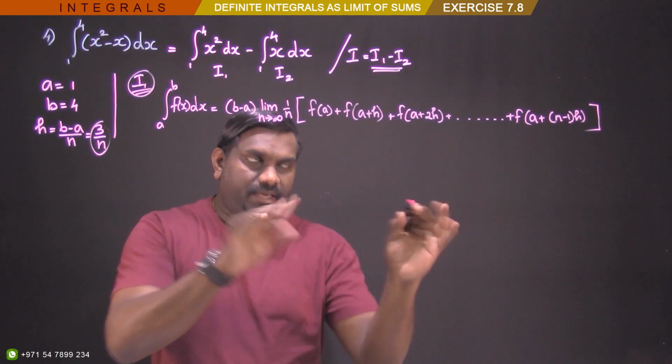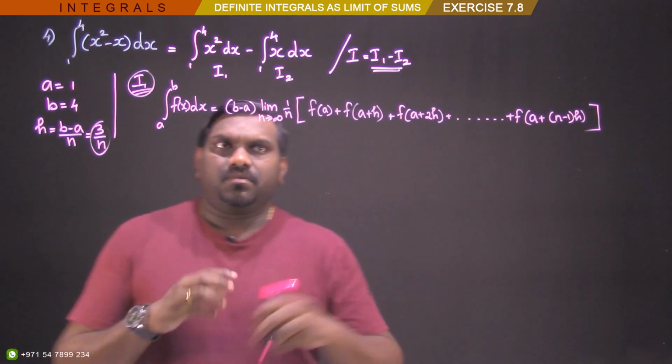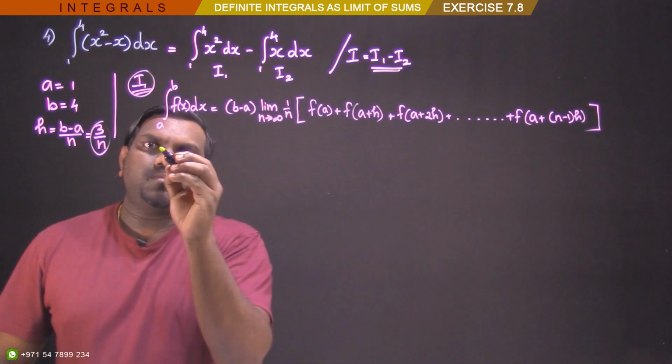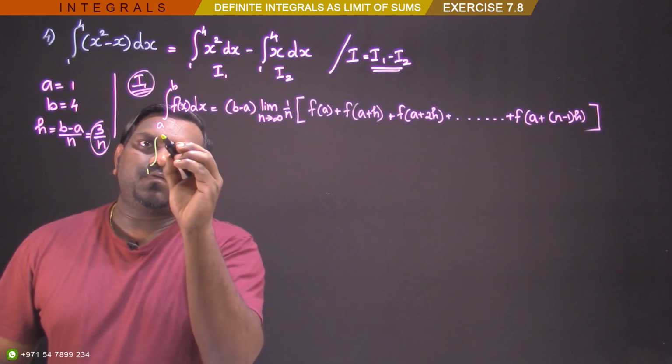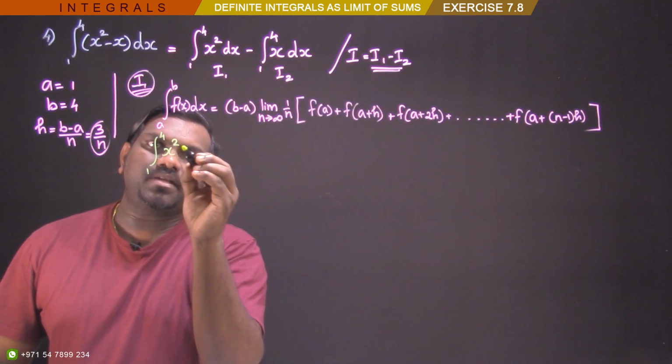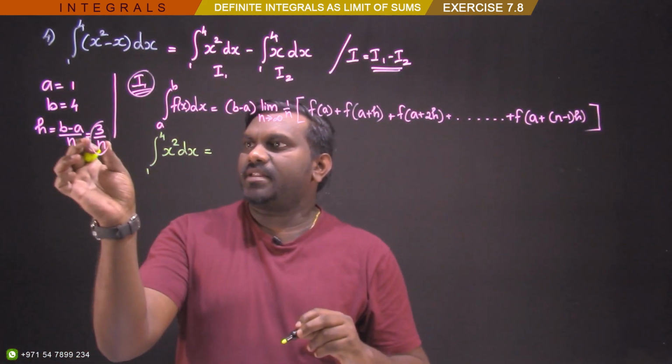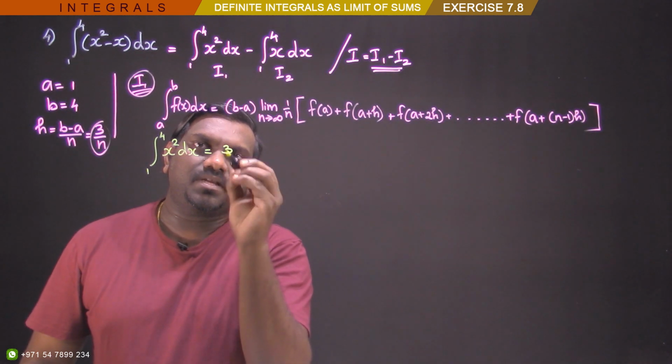Fine. Now if this is so dear, what will be the integral of 1 to 4 x square dx then? Here b minus a is going to be 3, so it's 3 here.